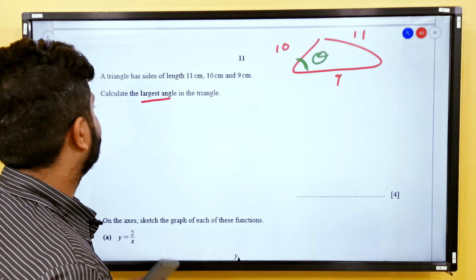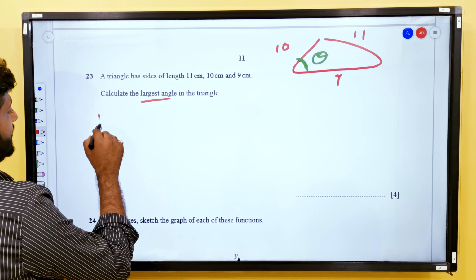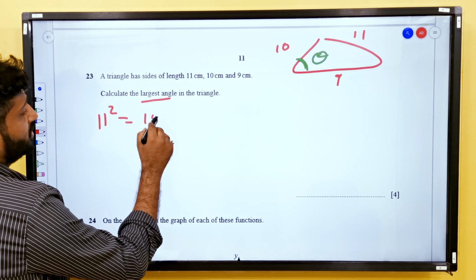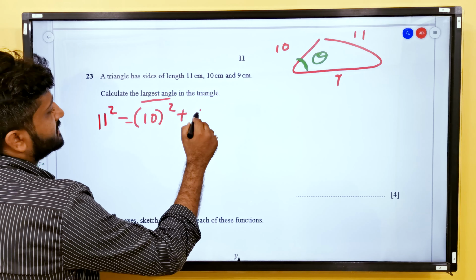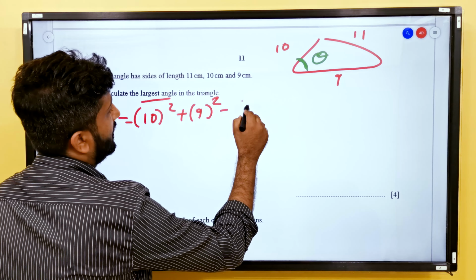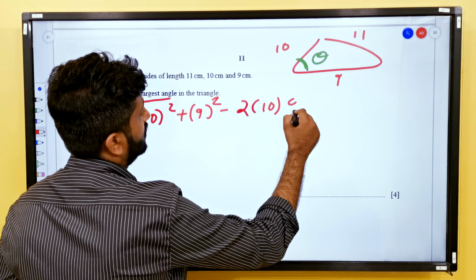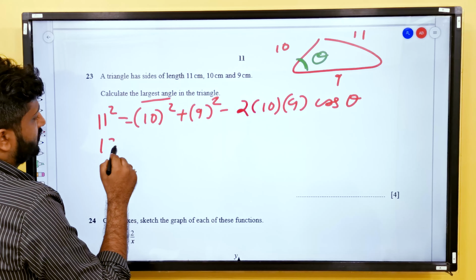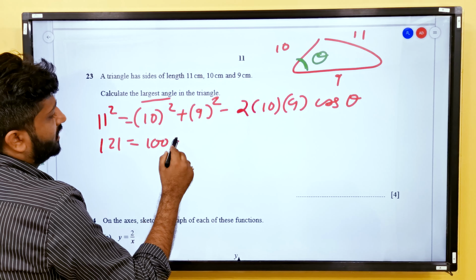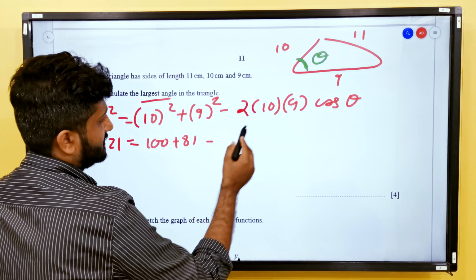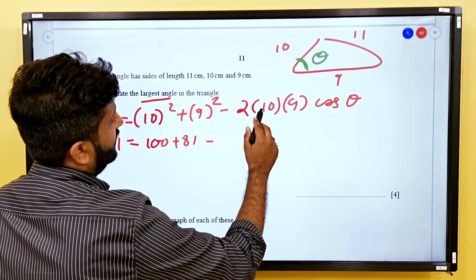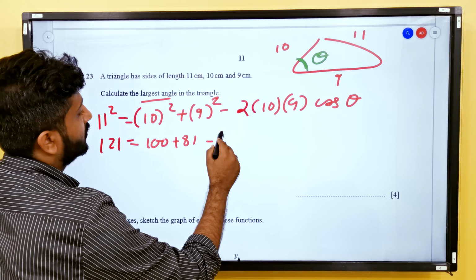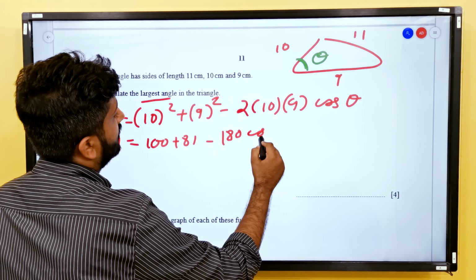As this is a non-right angle triangle, we could use the cos rule, which says a square equals b square plus c square minus 2bc cos theta. So 121 is equal to 100 plus 81 minus 10 into 9, 90, 90 into 2 is 180 cos theta.